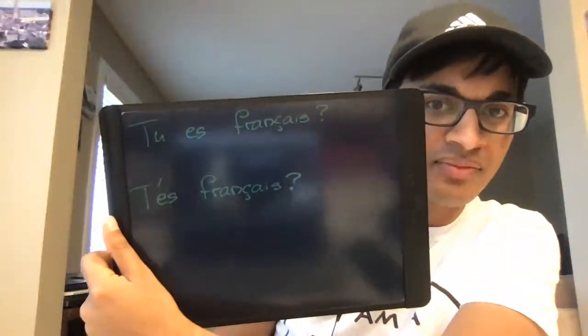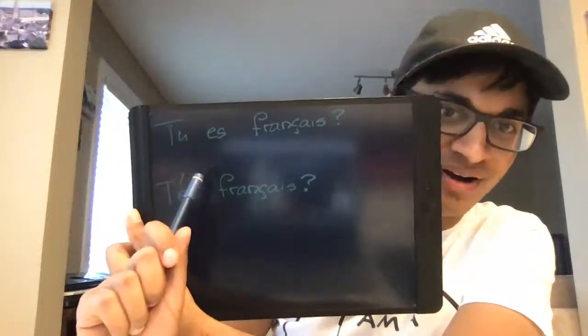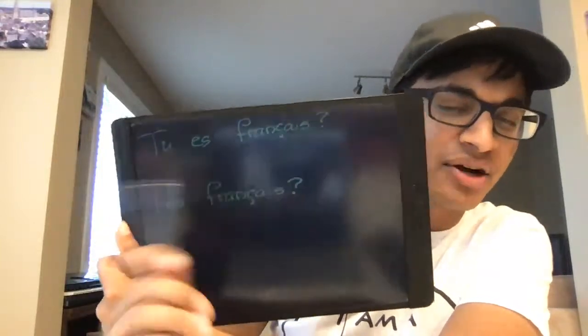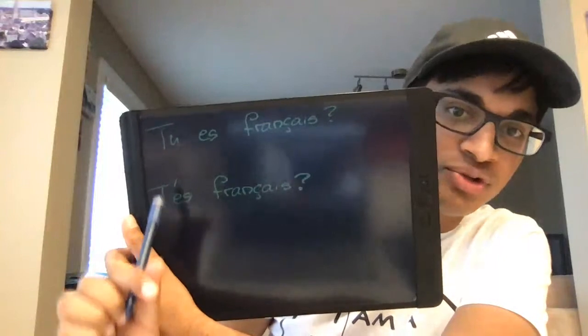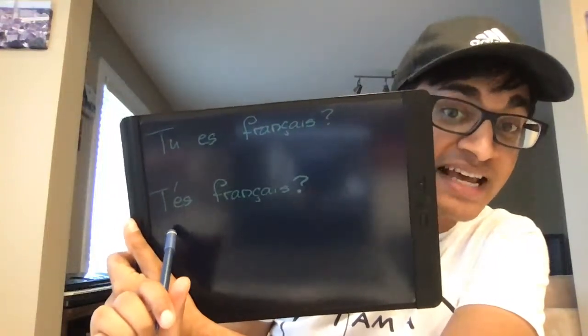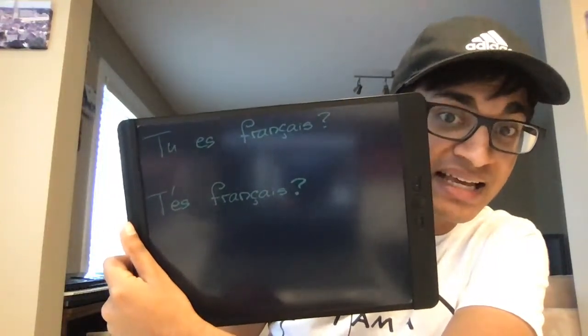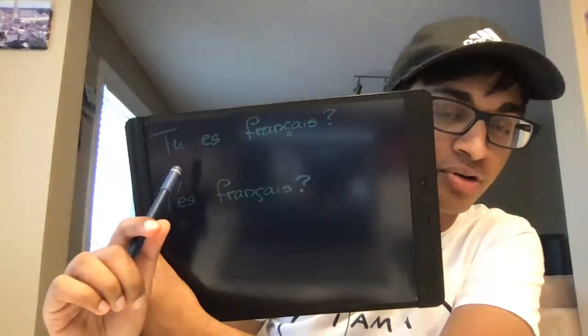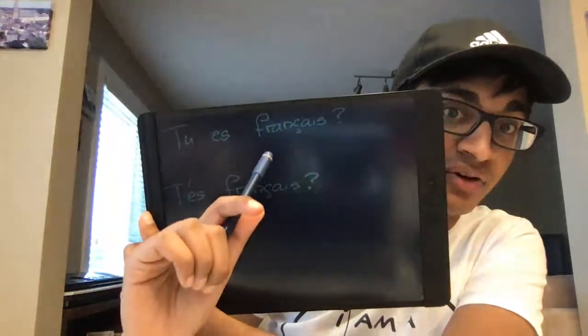Tu es français will often sound like t'es français. So I said tu es français. What is tu es? You are. You're French, as in, are you French? Or even tu es, if you're being very casual, might get shortened to t'es. T'es français. Or more proper, tu es français.